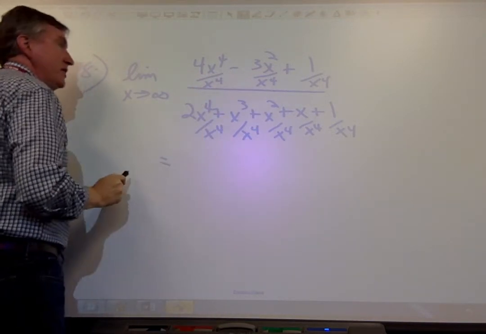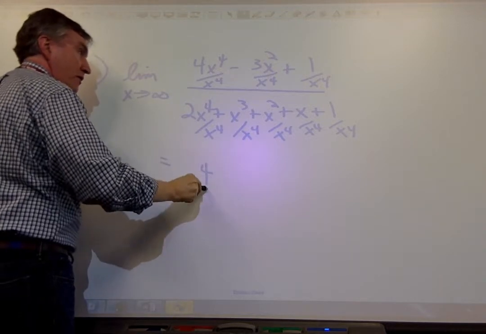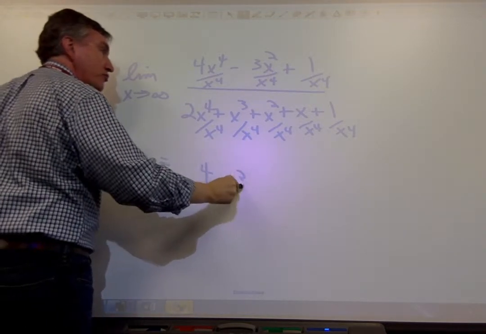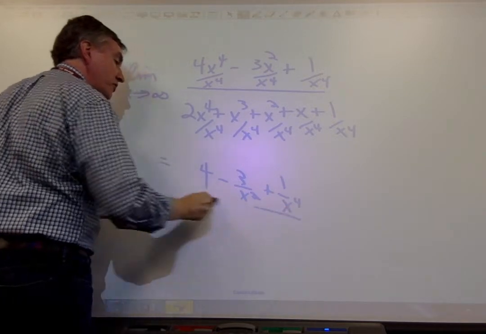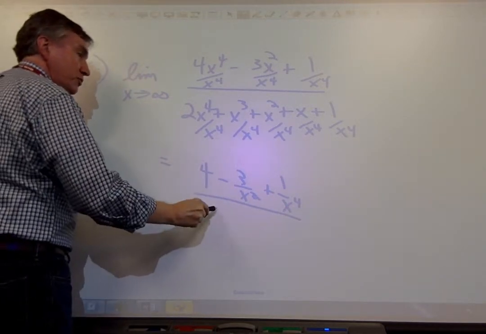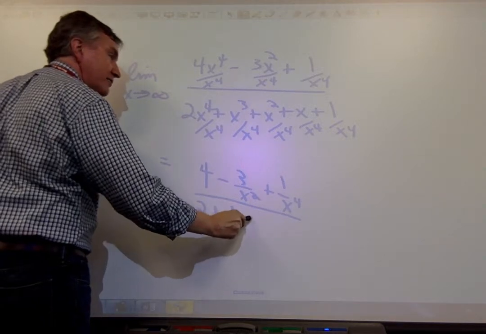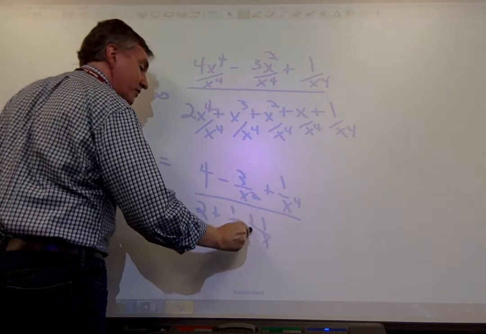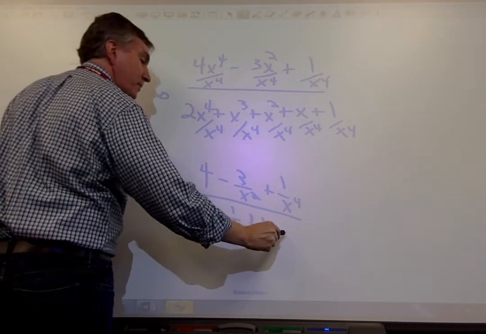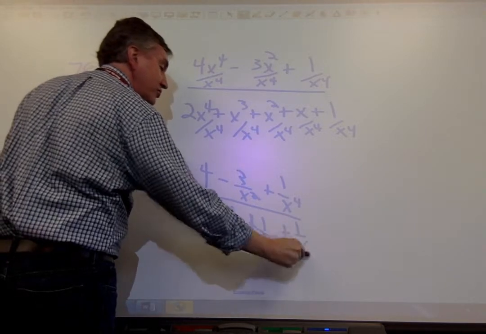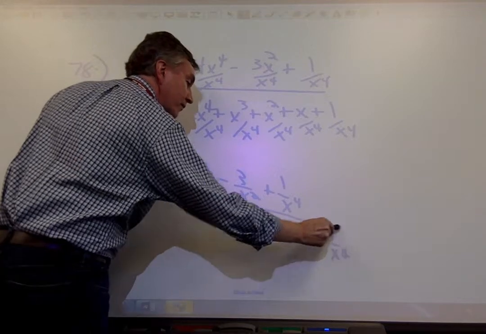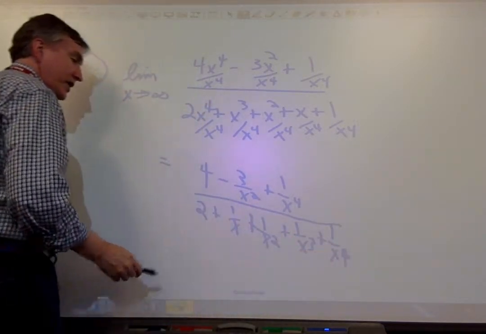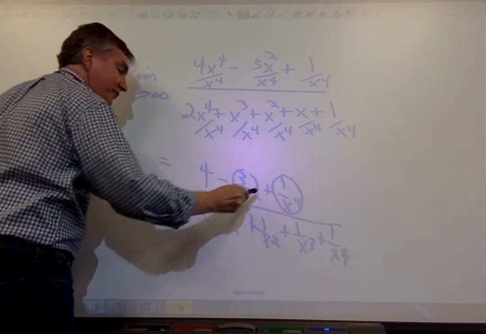Now that's going to leave me 4 minus 3 over x squared plus 1 over x to the 4th, over 2 plus 1 over x plus 1 over x squared plus 1 over x cubed plus 1 over x to the 4th, right? All of these go to what?